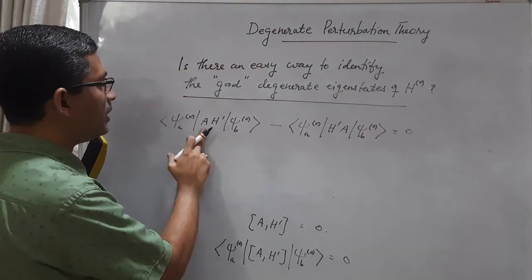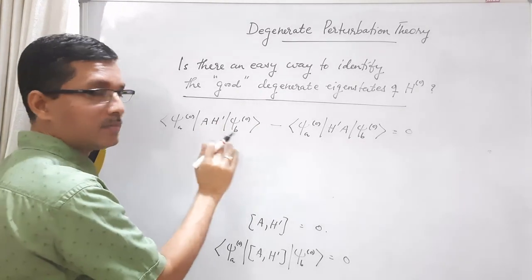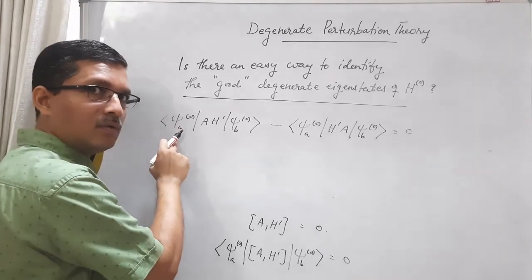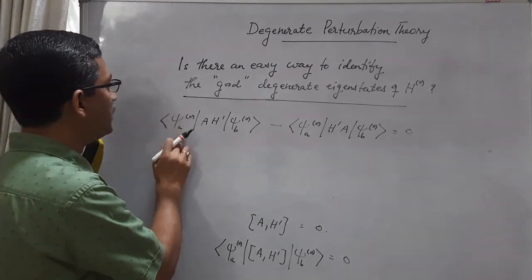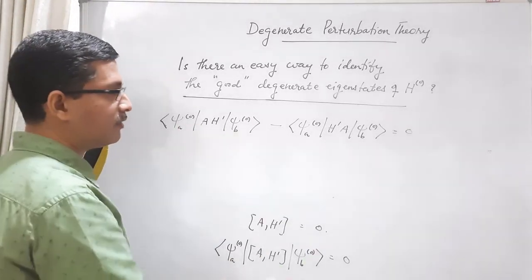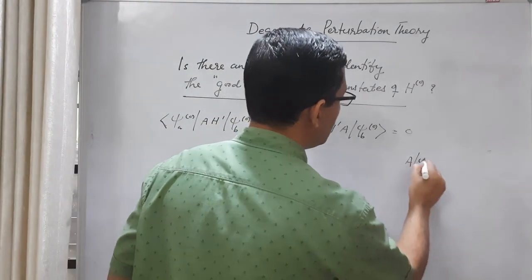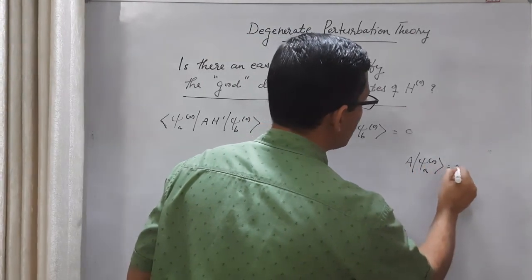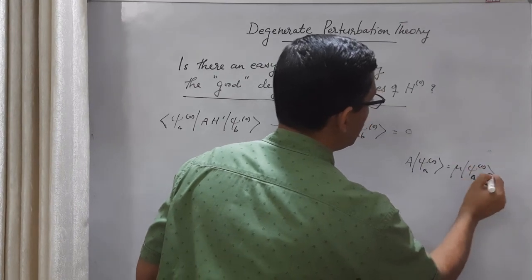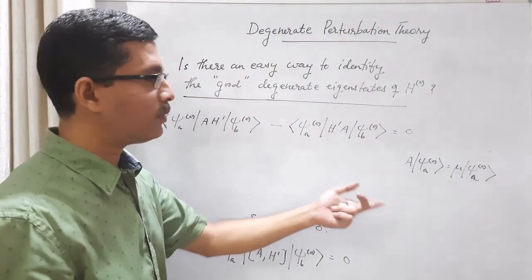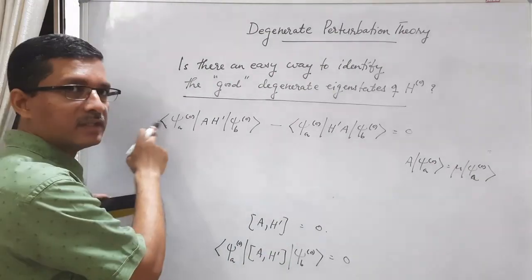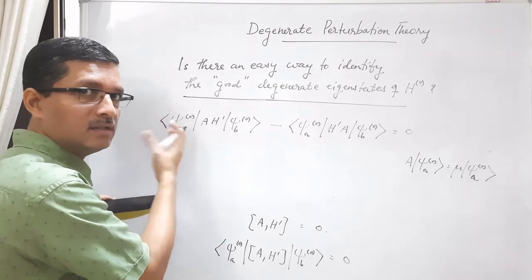Now A is a Hermitian operator, H prime is also a Hermitian operator. Now A can act on this bra vector psi A0. What is happening when A acts on psi A0? Earlier we have written A acting on psi A0 gives some mu times psi A0. A being a Hermitian operator, mu, the eigenvalue, must be real. So you can take this mu outside from the bra vector. Since it is real, there is no complex conjugation.